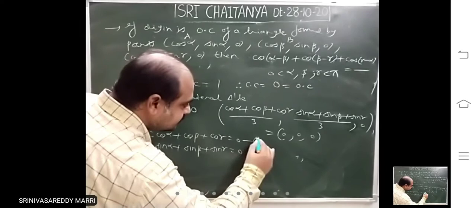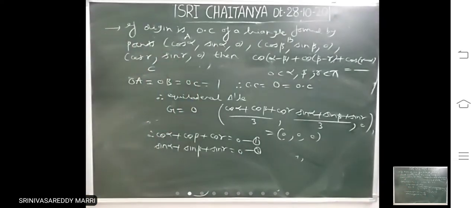Look at this: this is 1, this is 2. 1 square plus 2 square equal to 0.